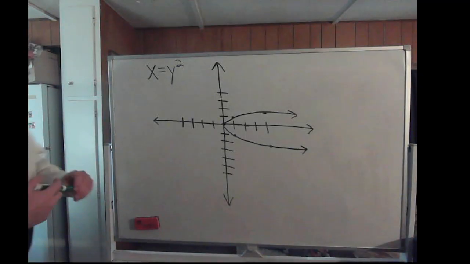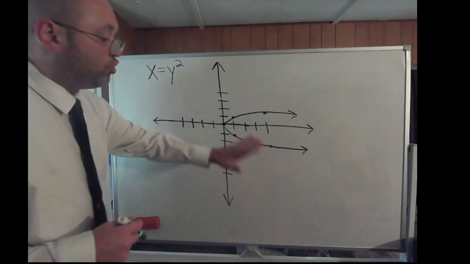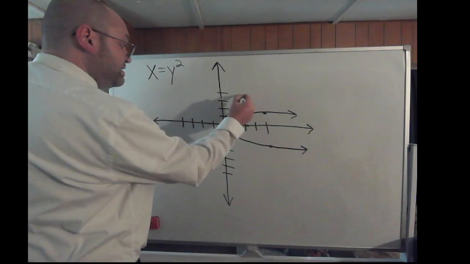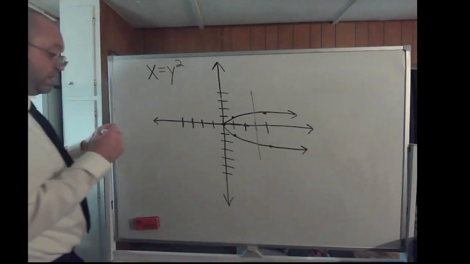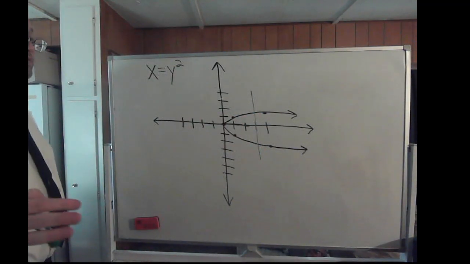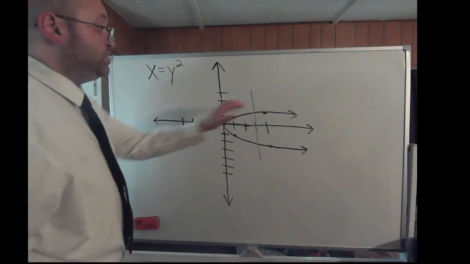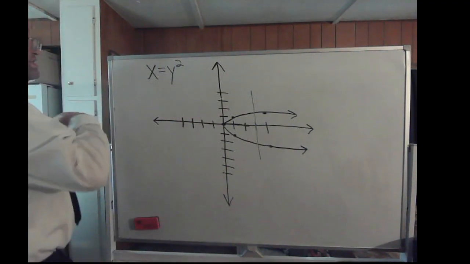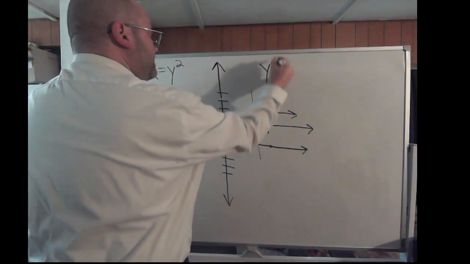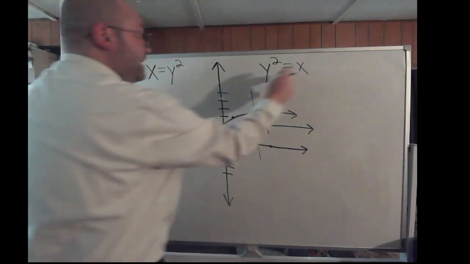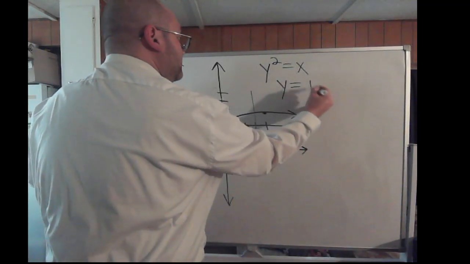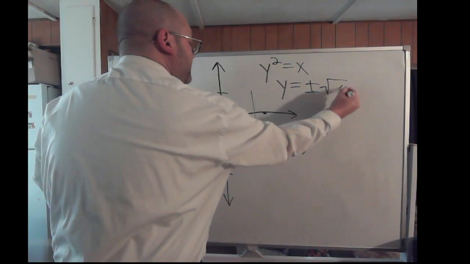However, graphically, if we look at x equals y squared, let's do the vertical line test. Immediately after drawing one line, you see it passes through 2 points on the curve. Therefore, this is not a function. And if you want to know why x equals y squared is not a function algebraically, we can turn this around, use properties of equality to say y squared equals x, which would have to mean y equals plus or minus the square root of x.